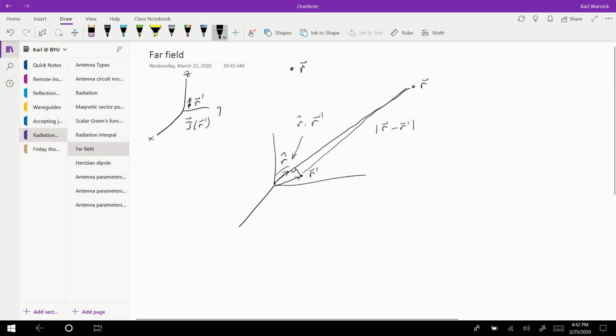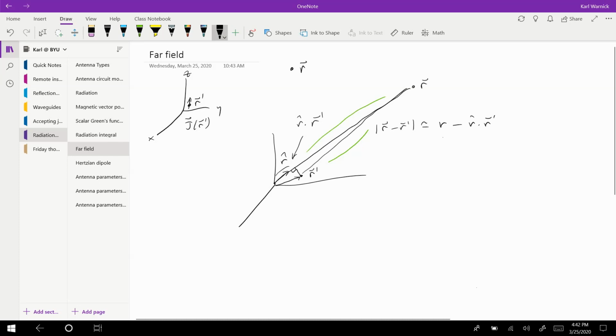So the length r minus r prime we can approximate as r minus r hat dot r prime. And basically we're using the fact that far away, the upper side of this long triangle is very close to the length of the bottom side of the triangle.